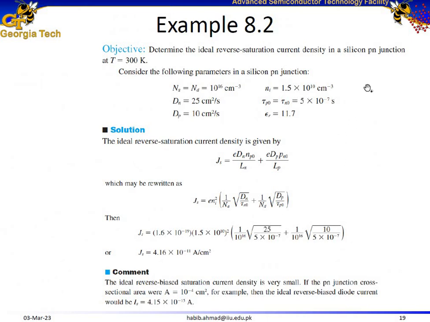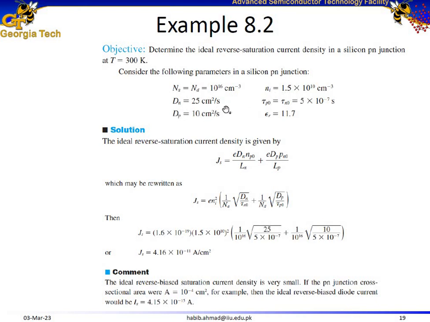Here is an example, and in this example we are asked to calculate the ideal reverse saturation current density in a silicon PN junction at 300 Kelvin, which is room temperature. The parameters for the silicon PN junction are also given: acceptor doping, donor doping, ni, which would be the same for silicon at room temperature.